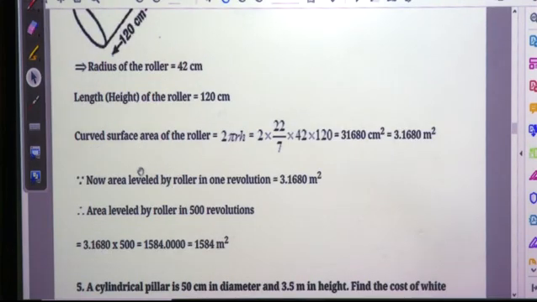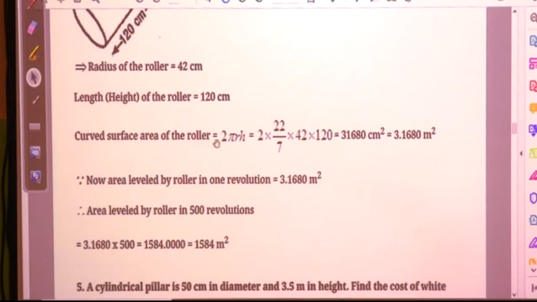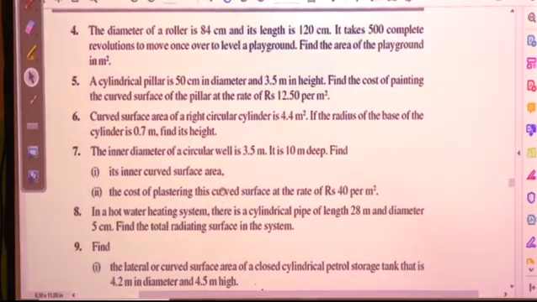I hope you are understanding this. What has been done? Curved surface area of the roller has been calculated. Then it is multiplied by 500. Now, why is it multiplied by 500? The reason is very simple. In the question itself it is mentioned, it takes 500 complete revolutions to move once over to level a playground.